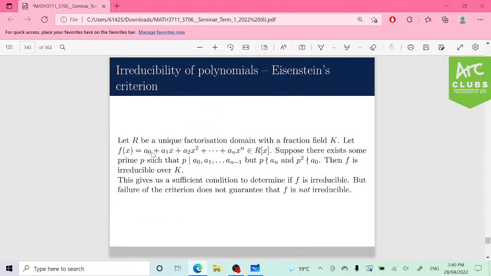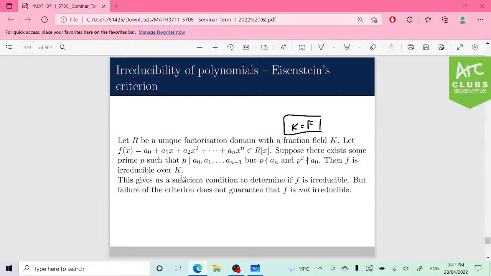So we're going to consider a polynomial, and Eisenstein's criterion states that if we can find some prime p such that p divides everything except for the leading term, and the square of the prime does not divide the constant term, then f is irreducible over the fraction field K. So if we're looking at a field, the fraction field K is precisely F. And this is a really nice way of looking at irreducibility.